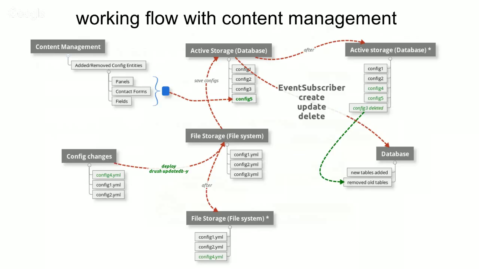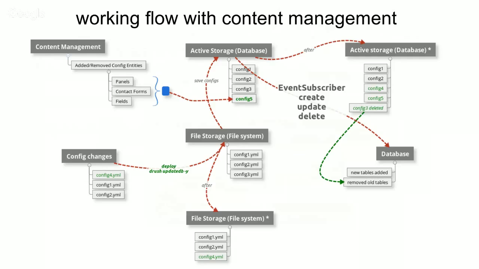And here is a big picture of how the workflow with content management works when you use the config importer module. It's pretty much the same process: you update your config files within file storage, create hook updates and run drush updb.